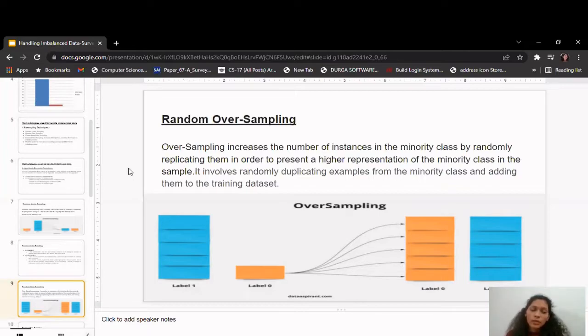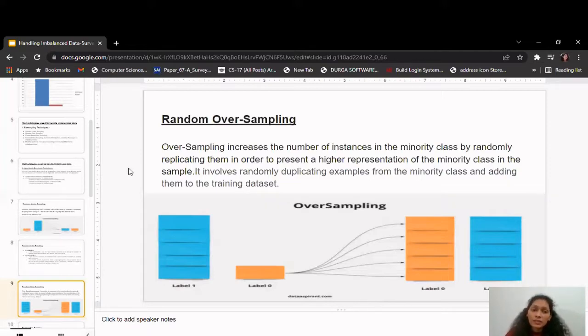Let us take the previous example only, and say that the class A was having 2000 records and the class B was having, we can say, 100 records. Then what we are going to do, we are going to replicate 1900 records in class B, so that it can evenly present the distribution, and we can split the training and testing data properly.